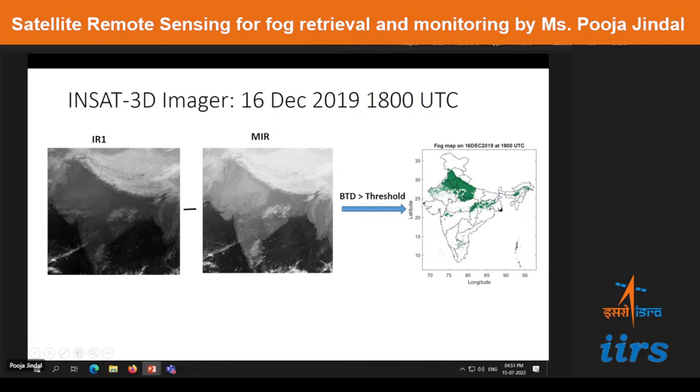But once you get the retrieval using this method, you get the fog patch very clear. We have beautifully picked up the fog using this method, right? I have shown this for INSAT-3D imager data for 16 December 2019 at 18 UTC, that is 11:30 at night.